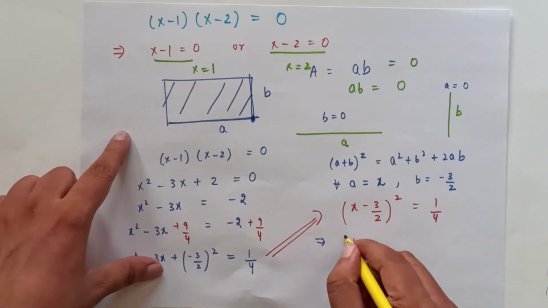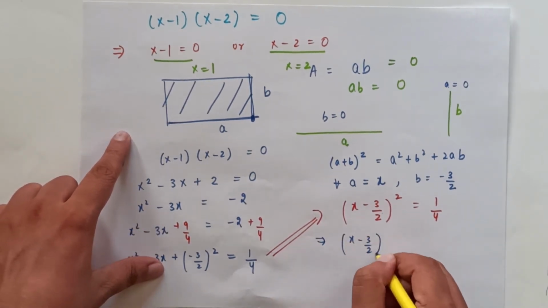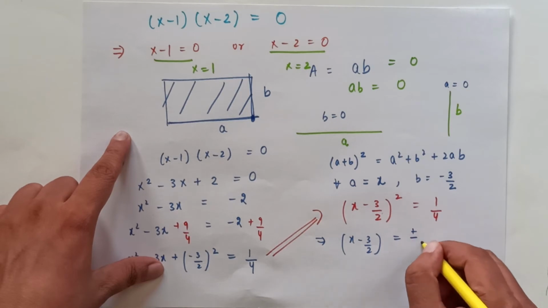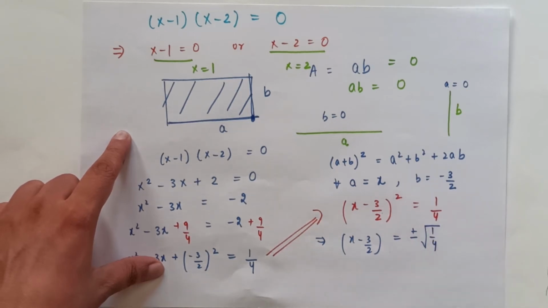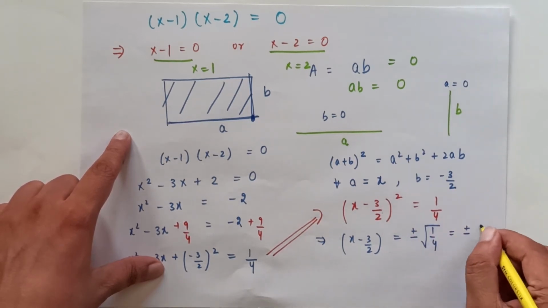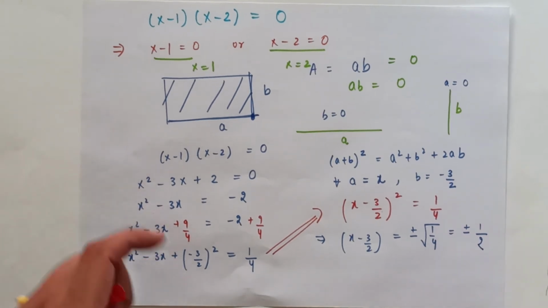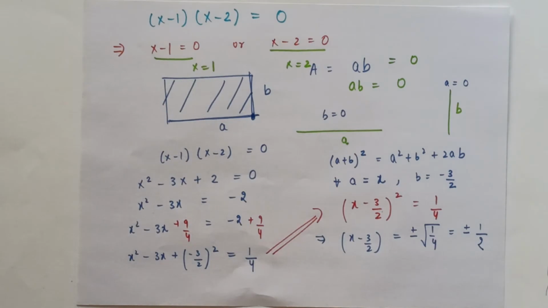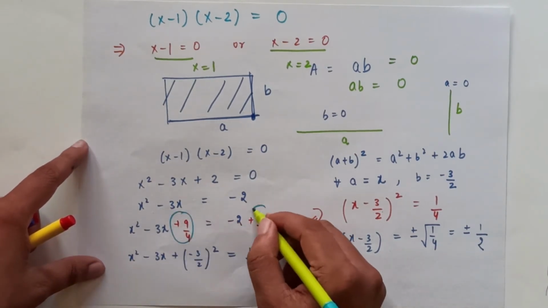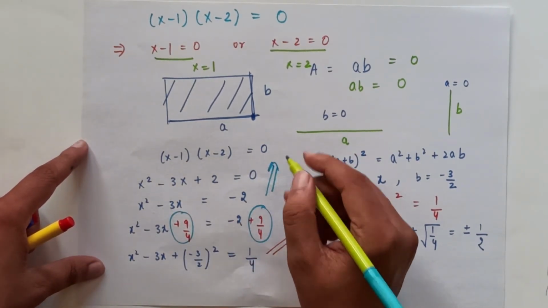Implies x minus 3 by 2 equals plus minus under the root 1 by 4, which is further equal to plus minus 1 upon 2. Now, the method where we add 9 by 4 to both sides is called completing the square.